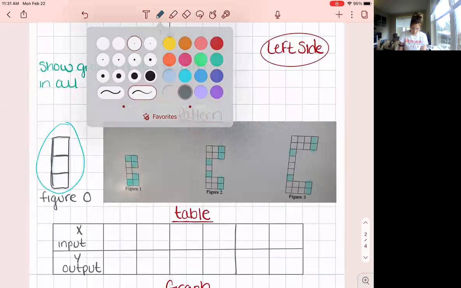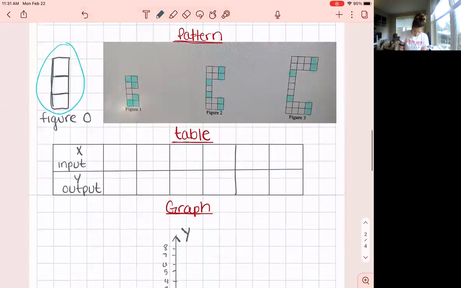So then filling out the table, input 0, 1, 2, 3, 4, and 5. Remember, we want to start at 0, not 1. We've got 0 has 3 tiles. Figure 1 adds 3 plus 1, 2, 3, 6, 7, 8, 9 tiles. Figure 2 should then have 15 tiles.